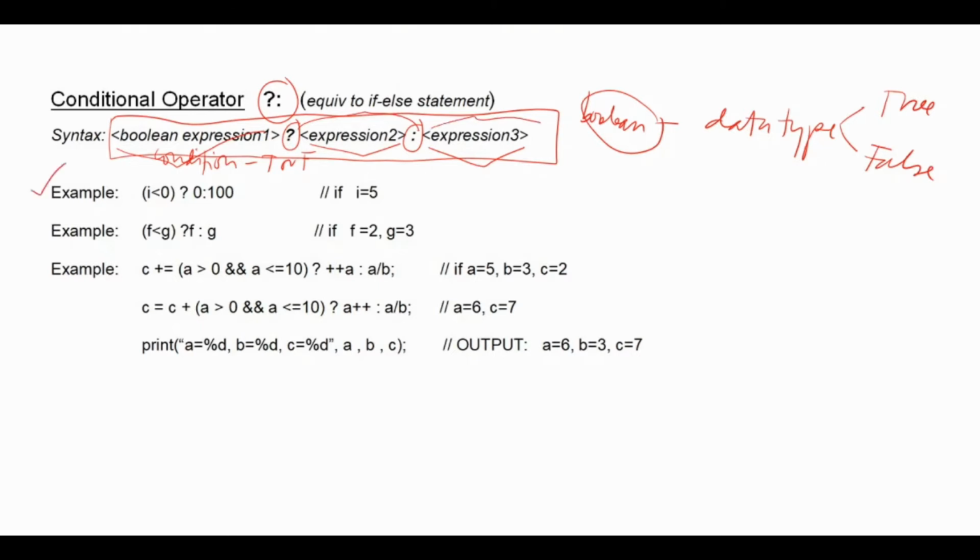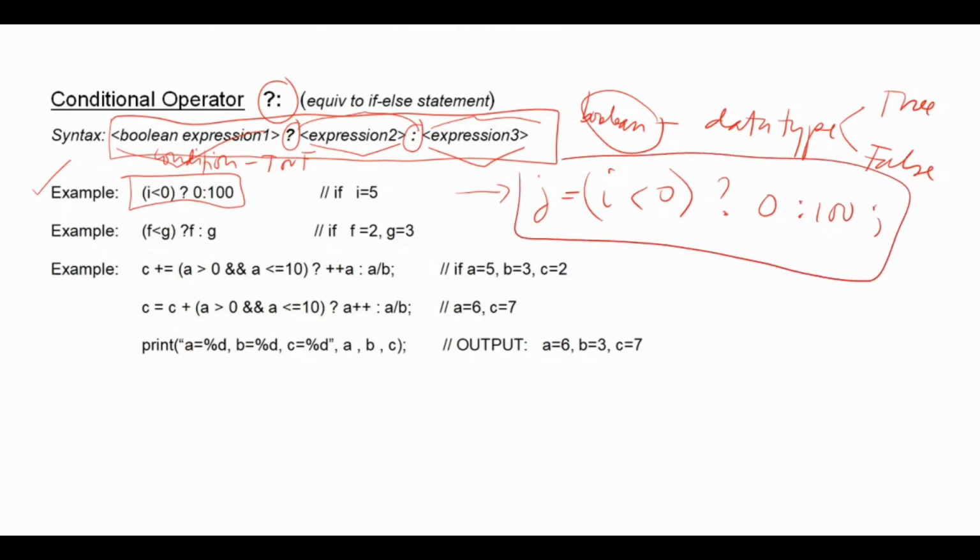So our first example here is this statement. Say this is how we use it: j gets i less than 0, question mark, 0, colon, 100. So the whole thing here is now an assignment statement. We have here variable j and the assignment operator. And the first thing that needs to be done is to evaluate the value of the right side of the assignment statement.